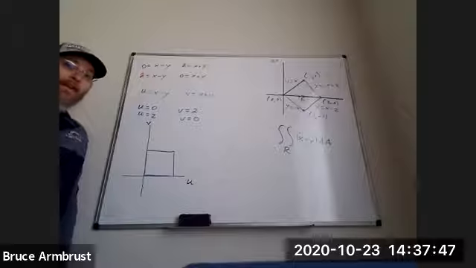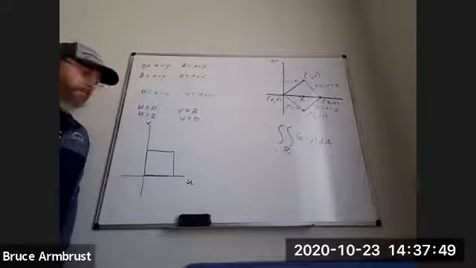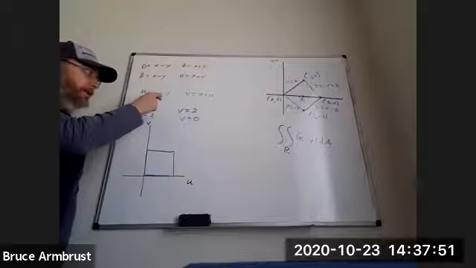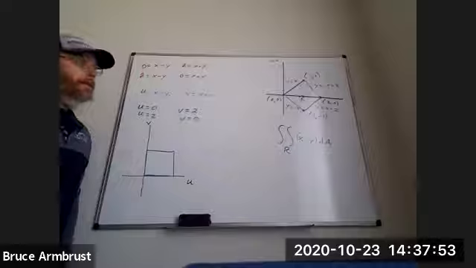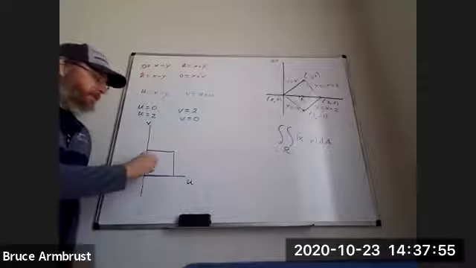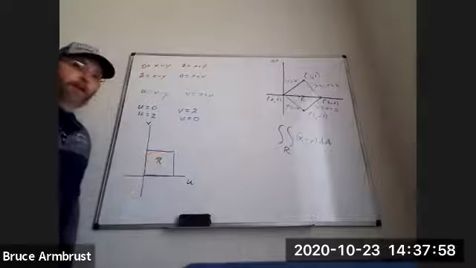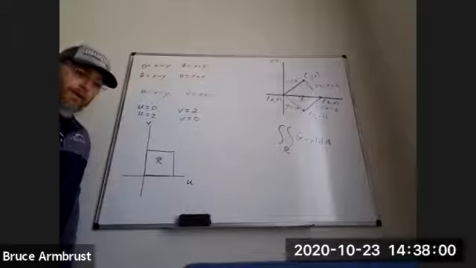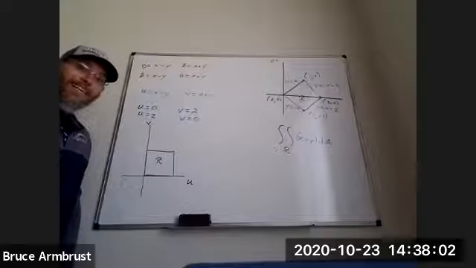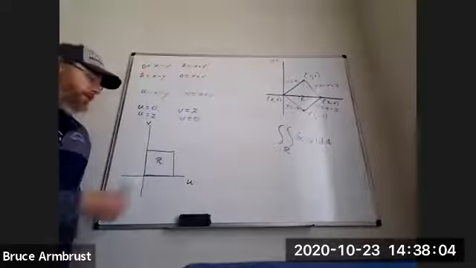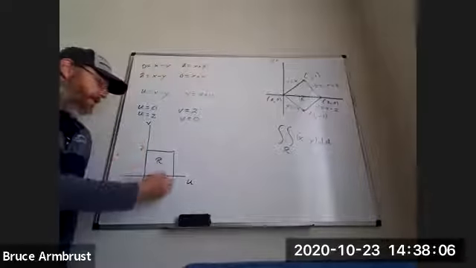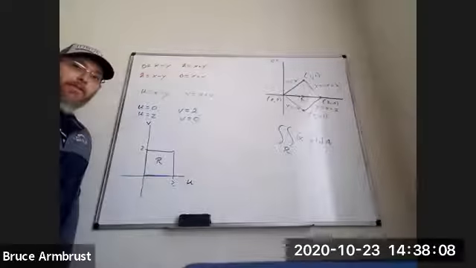So by this transformation, using this one I just put in green, it turns this region into a square. And talk about easy, the bounds on both of these are going to be 0 to 2.